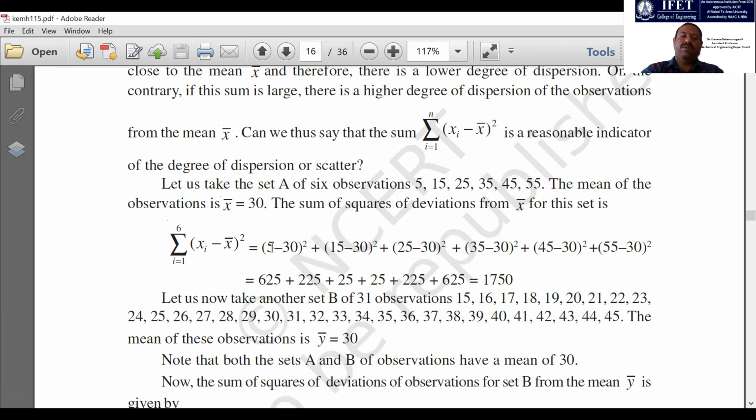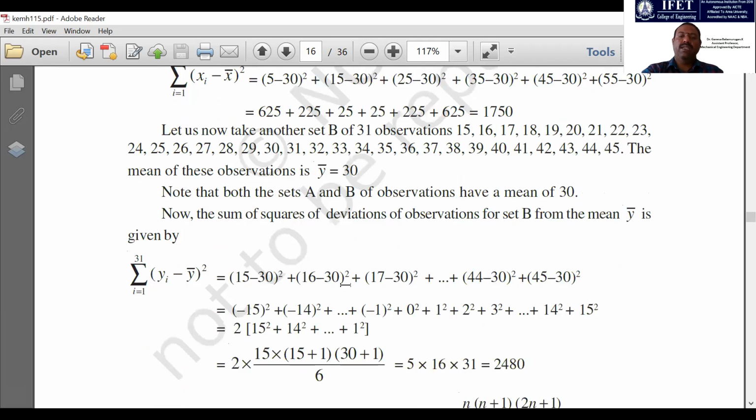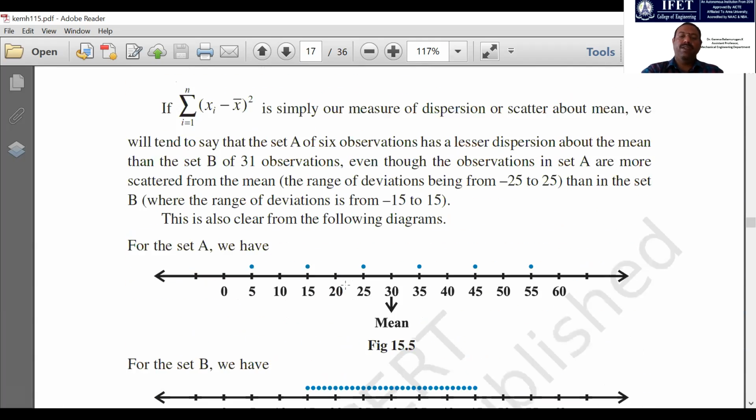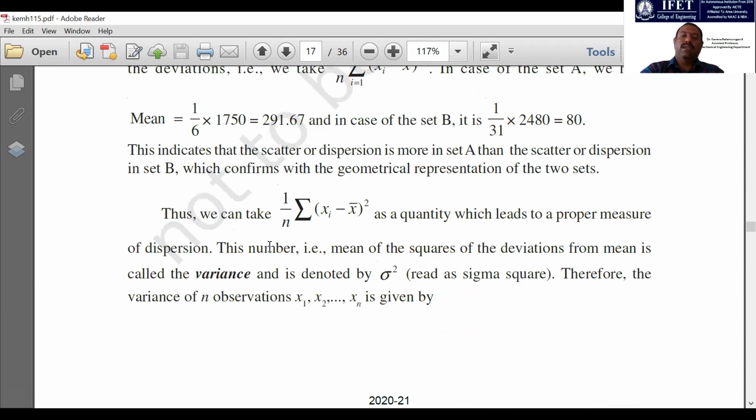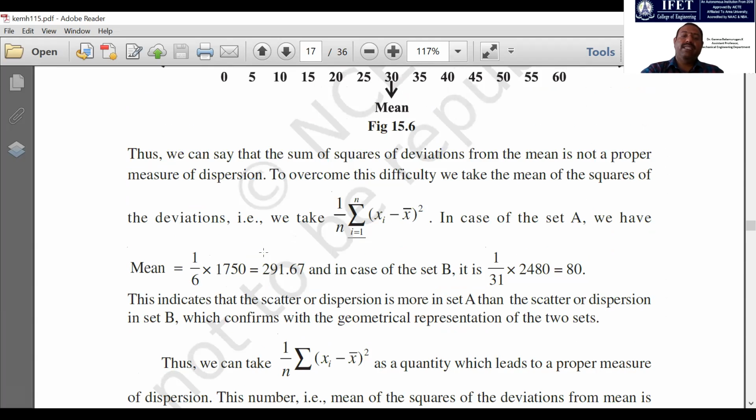This deviation, 5 minus 30 is minus 25, and this 25 squared gives you 625, like this. If you sum up the squares of all the deviations, you will get 1750 for the set of observations A. And to find out the meaningful interpretation, we are taking the mean of these observations: 1 by 6.